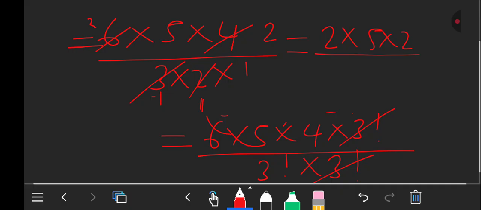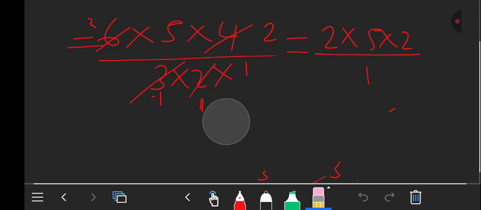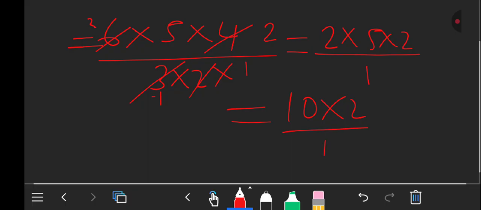On the denominator we just have 1. So what is it giving now? This will be equal to 2 times 5, that is 10. 10 multiplied by 2 divided by 1. So 10 multiplied by 2, that is 20. Divided by 1 is just 20. So the answer is 20.